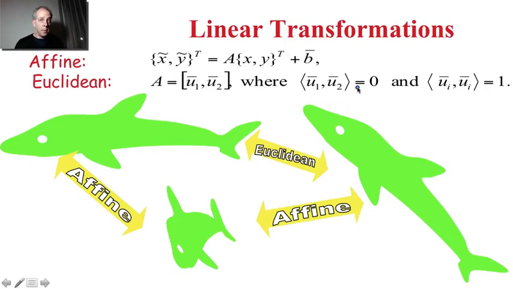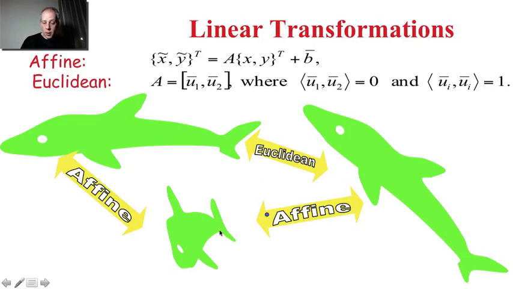We just saw that in the previous slide. Inner product equals 0 means orthogonal, and they also have to be unit vectors. This is not hard to prove, but the important thing here is that you can do a rotation and translation, that's called a Euclidean motion, or you can do a general deformation, and that's called an affine motion.